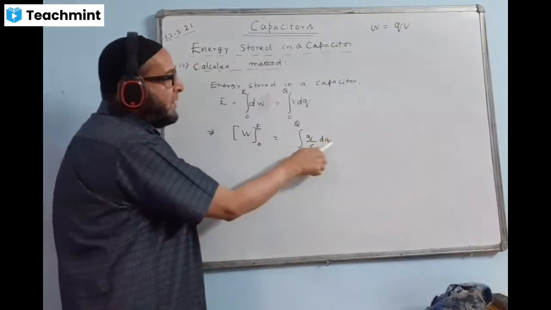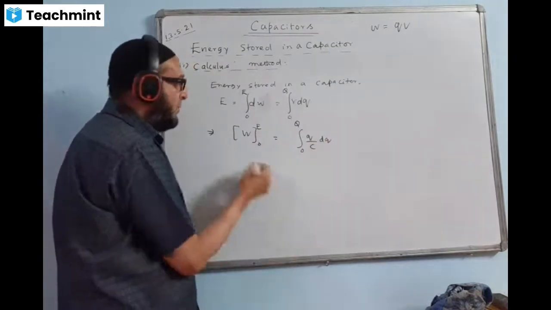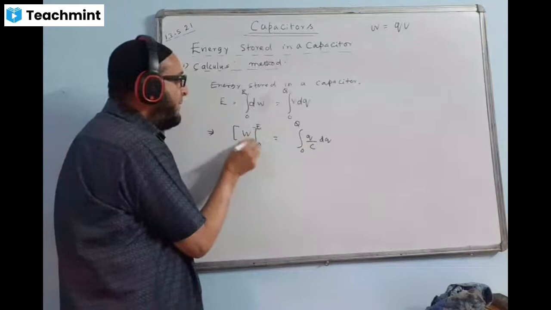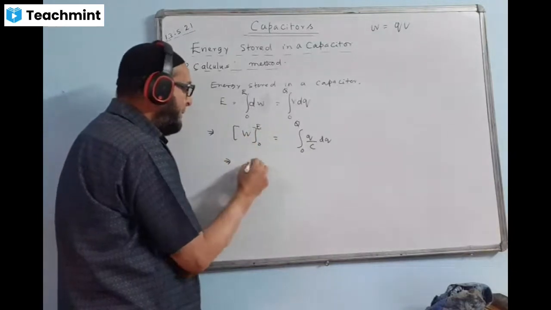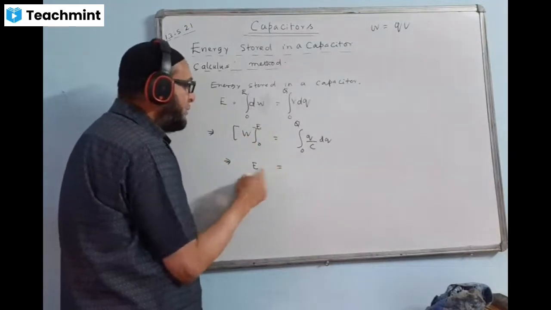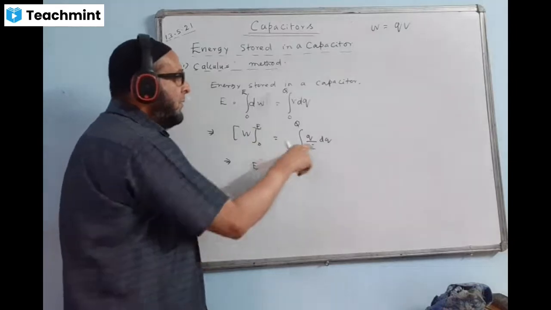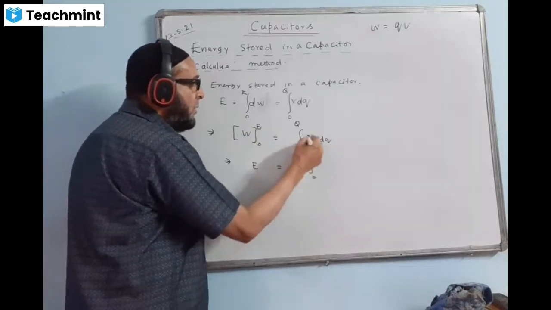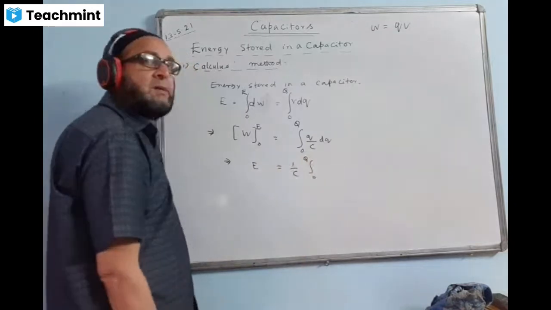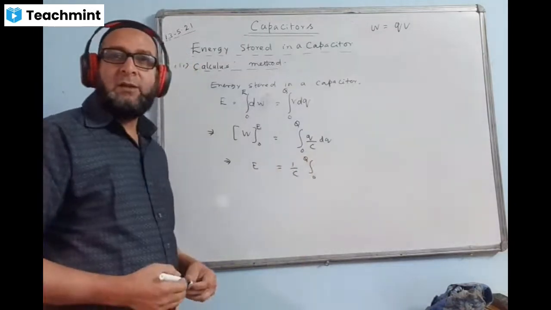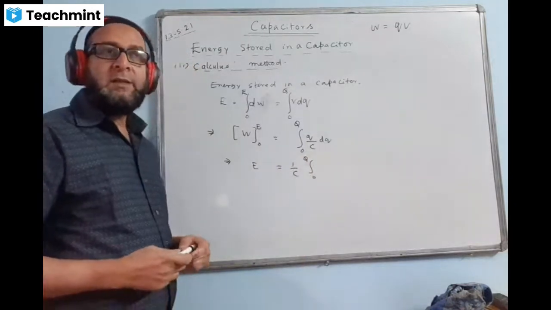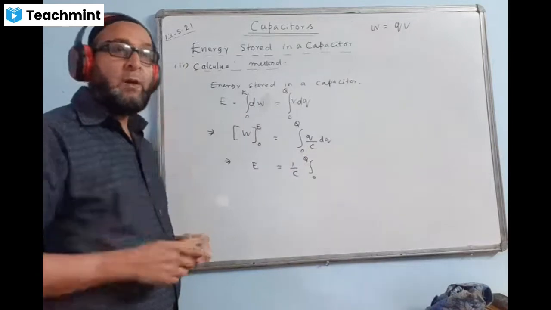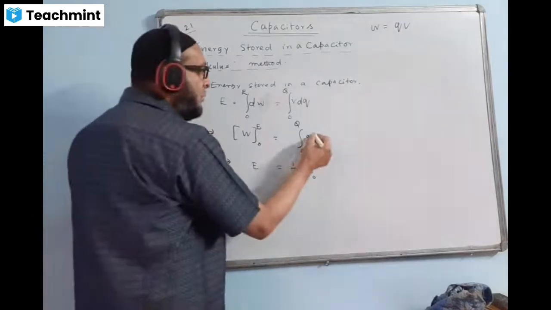Q is variable, that's why I write a small q here. First I'll put upper limit minus the lower limit. Upper limit is E minus lower limit is 0, so I'll just write the answer E. 1 by C is constant, it's outside. Here we write 0 and Q, q dq, it is the same as integration of x dx. Integration of x dx, the answer will come x square by 2.